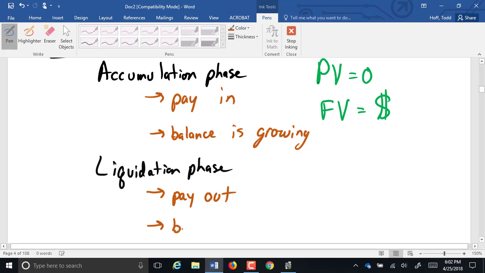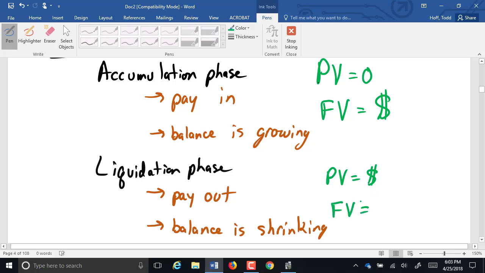So the balance is shrinking. So in this liquidation phase, the present value hopefully is a large sum of money, and the future value at the end of the liquidation phase should be 0. The goal is to draw it all out or pay it down to 0.